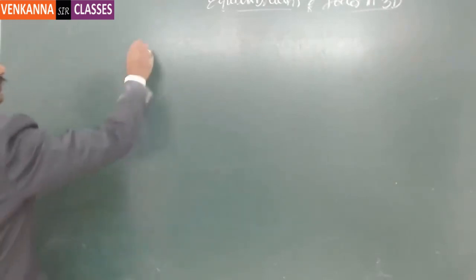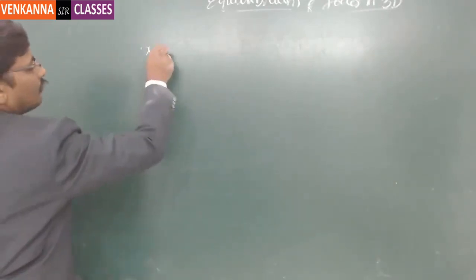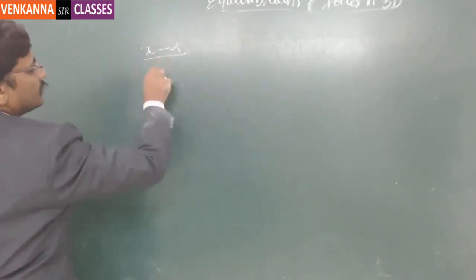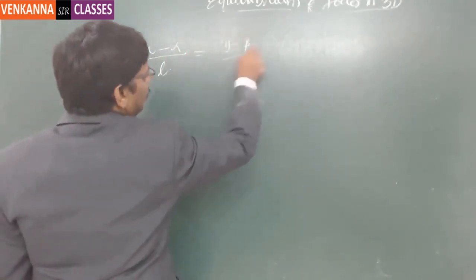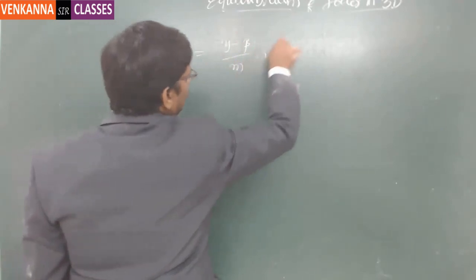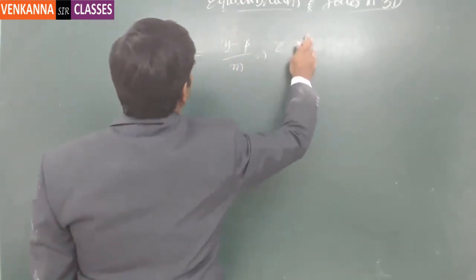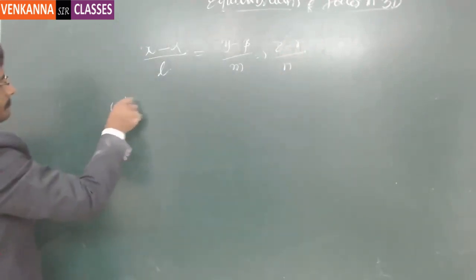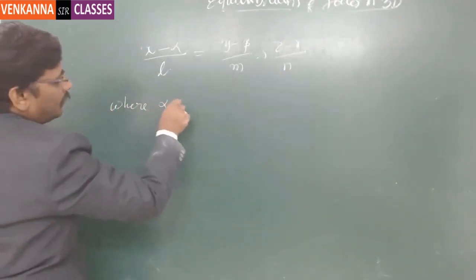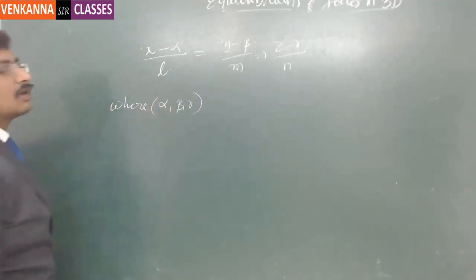So the equation of the straight line passing through a point alpha comma beta is (x minus alpha) by L is equal to (y minus beta) by M is equal to (z minus gamma) by N, where alpha, beta, gamma are not the angles.